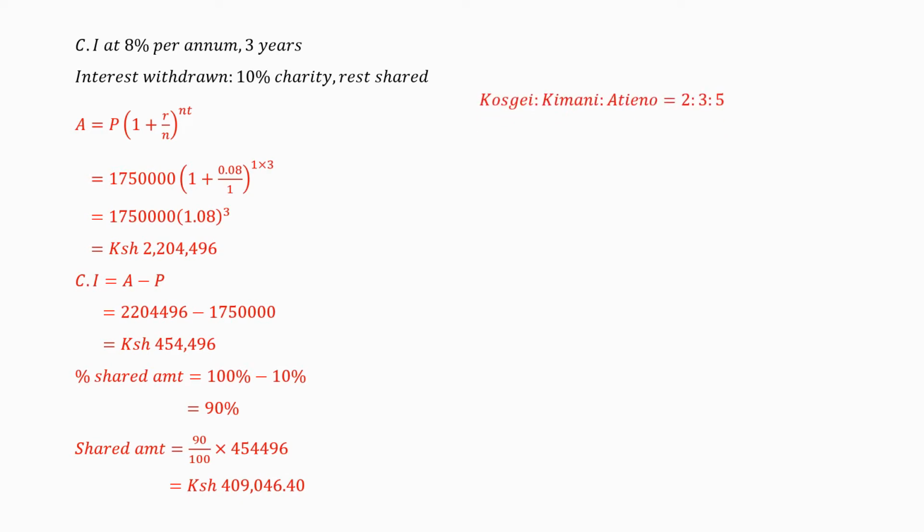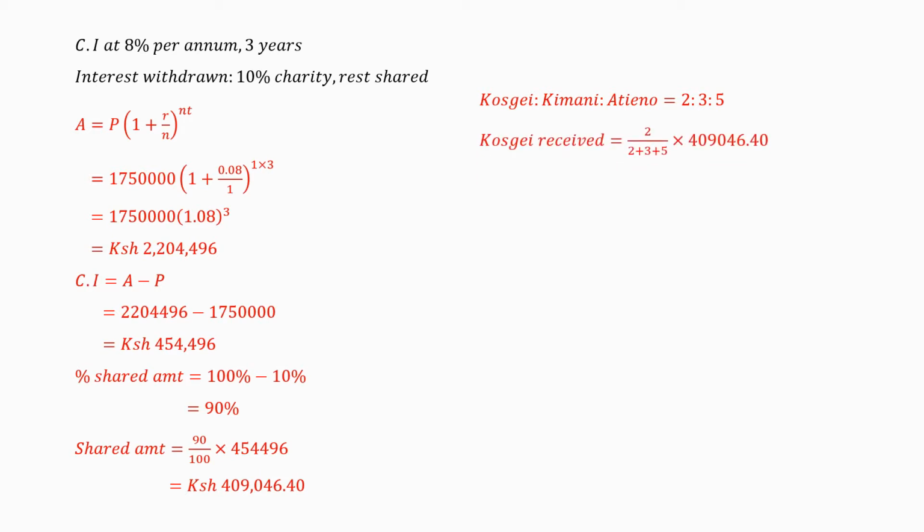And from part A2, we obtained that the ratio of their sharing was Kosgei to Kimani to Atieno, 2 to 3 to 5. So using these ratios, we shall compute the amount that everyone obtained.